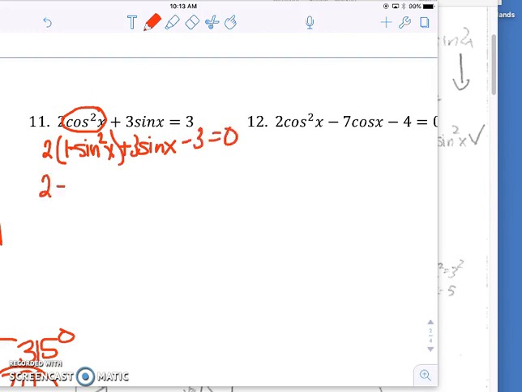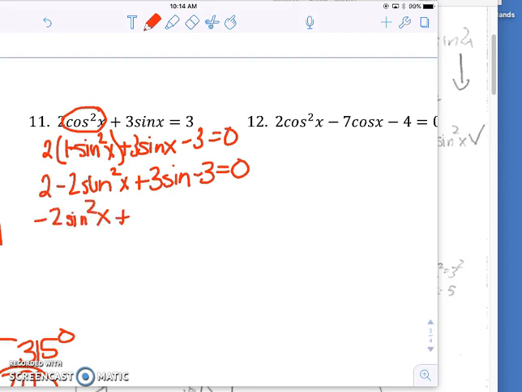So we have 2 minus 2 sine squared of x plus 3 sine of x minus 3 equals 0. Combine like terms, so -2 sine squared of x plus 3 sine of x minus 1 equals 0.